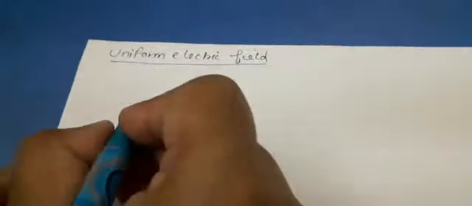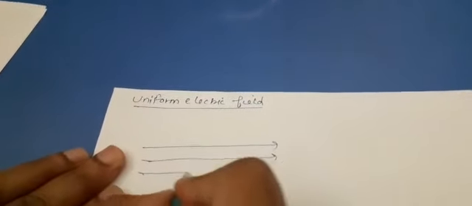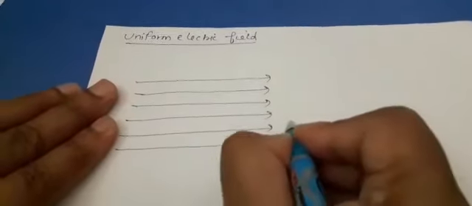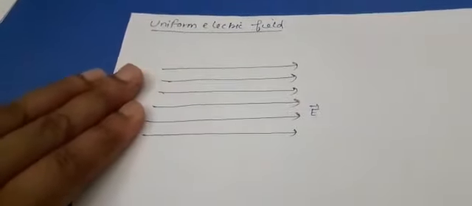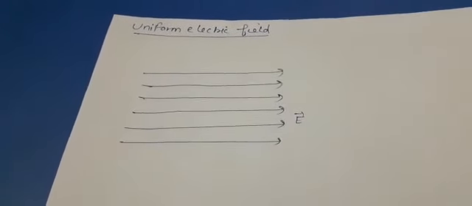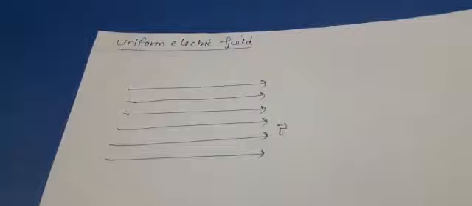Now, next we have to draw the equipotential surface for a uniform electric field. So, if the field is uniform like this, a uniform electric field is represented by equidistant parallel lines. Now, for a uniform electric field, if we have to draw equipotential surfaces, these will be equidistant parallel planes.